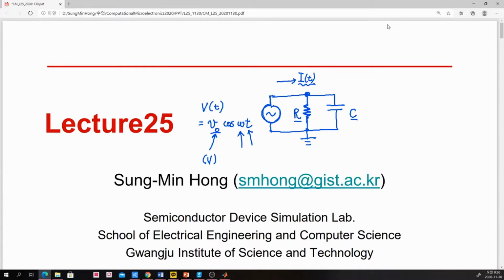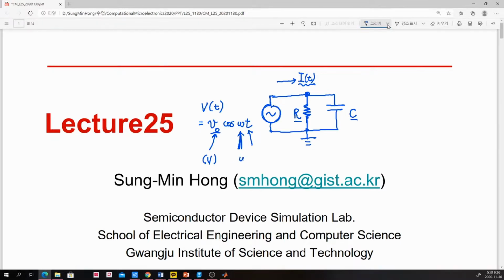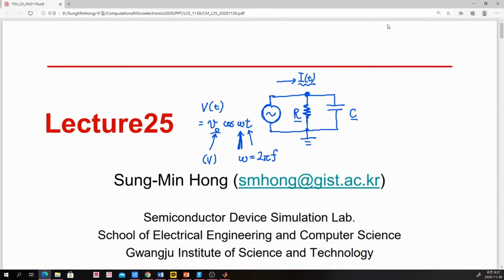But the point is, if we change our angular frequency, which is closely related with our frequency, omega is simply given by 2 pi times f, then our resistor and capacitor will give different impedances.